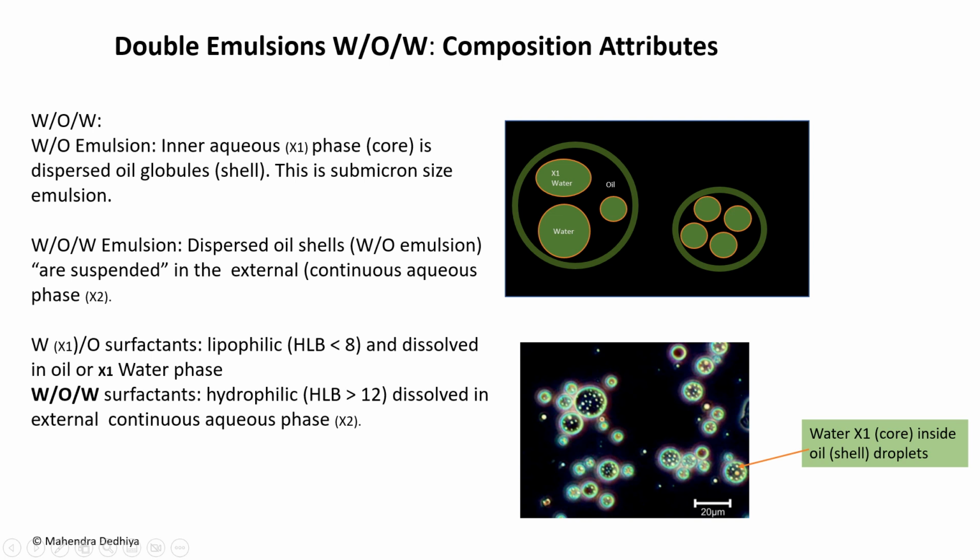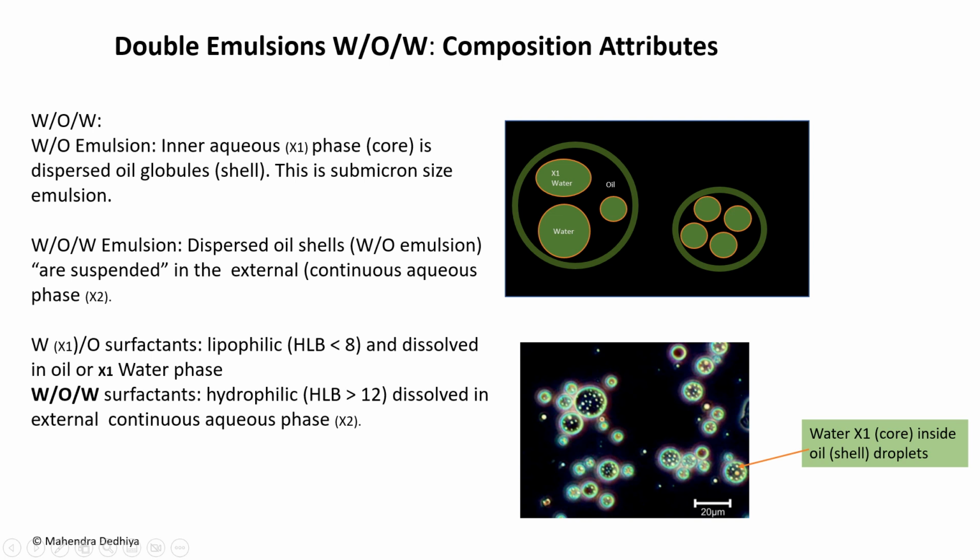The surfactants used in the water and oil portion of the water, oil, and water emulsion are lipophilic with an HLB of generally less than 8, and they can be dissolved in either the oil phase or the internal phase.